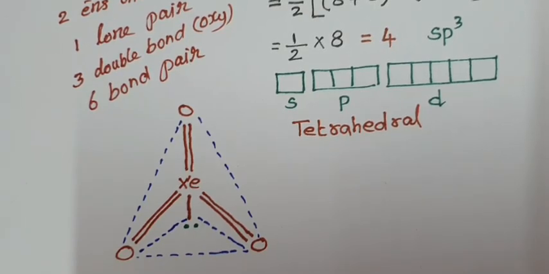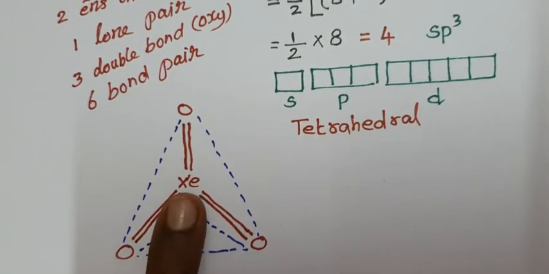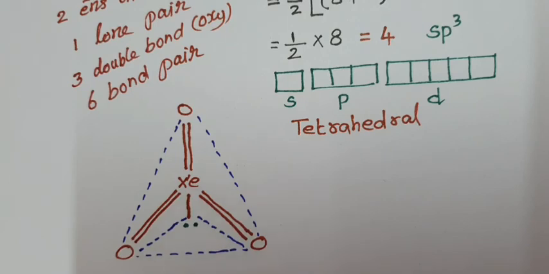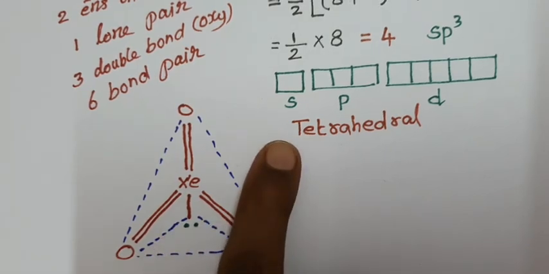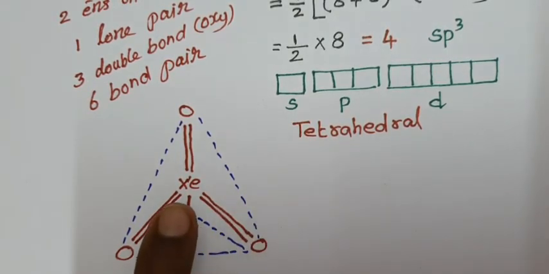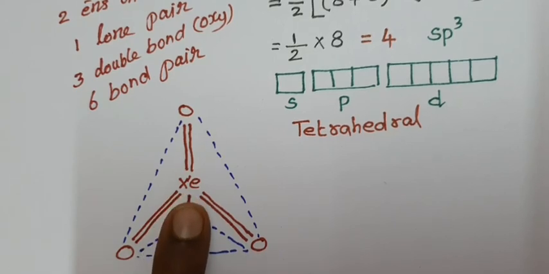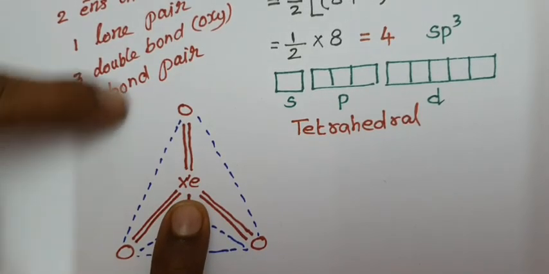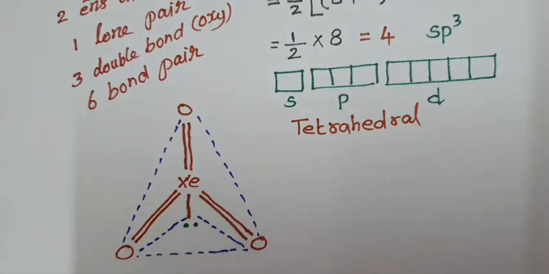Without the lone pair, screen the lone pair of electrons. So what is the shape? Pyramidal. With the lone pair, it is tetrahedral. Without the lone pair, see the structure, it is pyramidal in nature.